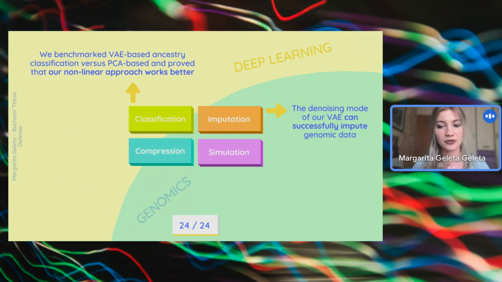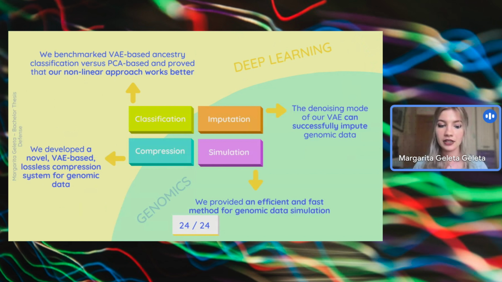We can also successfully impute genomic data with our denoising VAE. We have provided an efficient and fast method, much faster than classic algorithms for simulation for genomic data. And finally, the best result which we have got is in compression. We developed a novel VAE-based lossless compression system for genomic data.